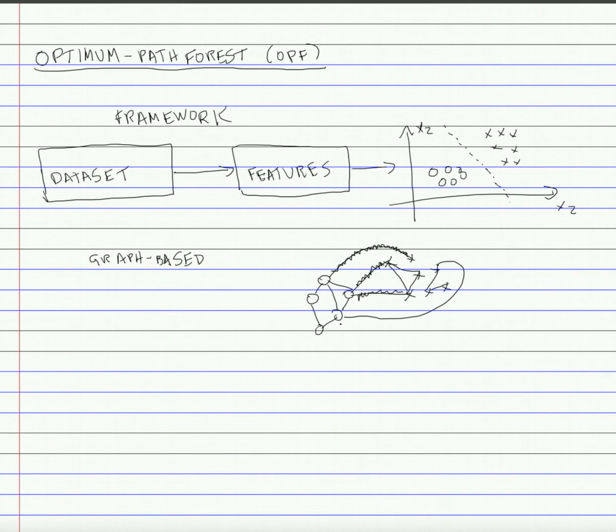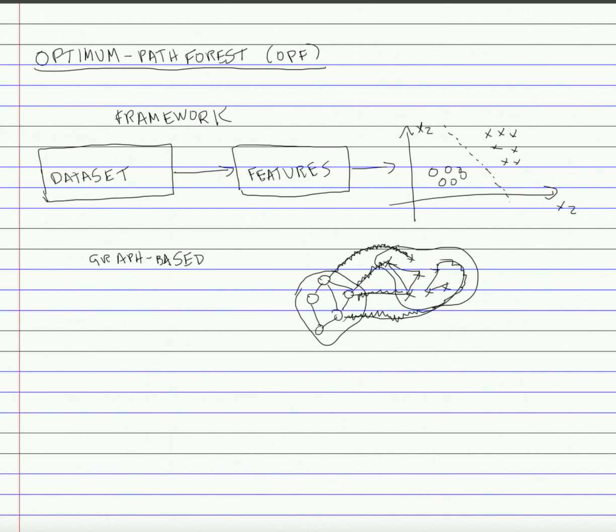By doing that, we can just partition the graph into what we call discrete regions, okay? And then these regions will be some sort of connected components.